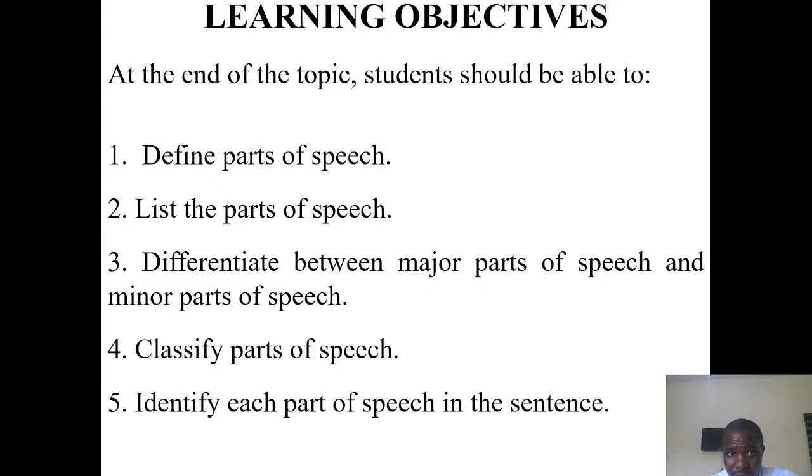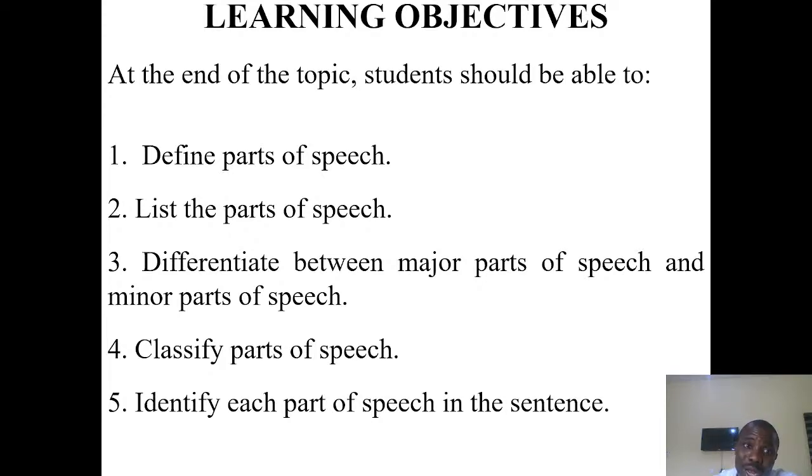The learning objectives. At the end of the topic, students should be able to, one, define parts of speech. What do we mean by parts of speech? Remember that the term parts of speech is from the classical grammarians.